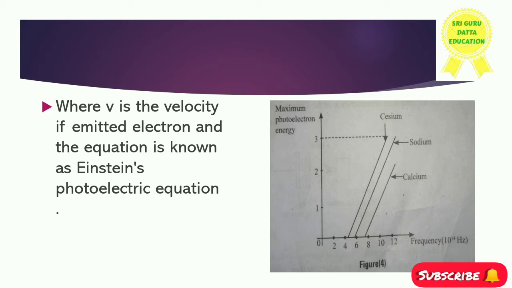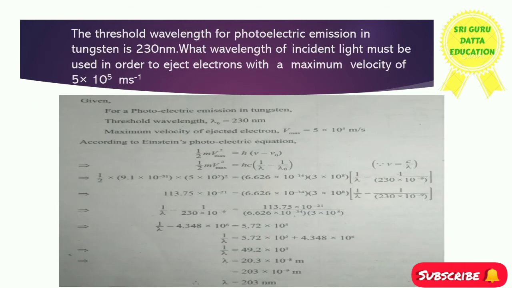With this we end our long answer type question, followed by an example question for the photoelectric effect. For example, in your exam, they may ask you to solve a question in this way.